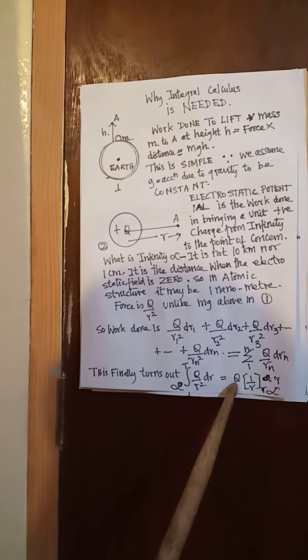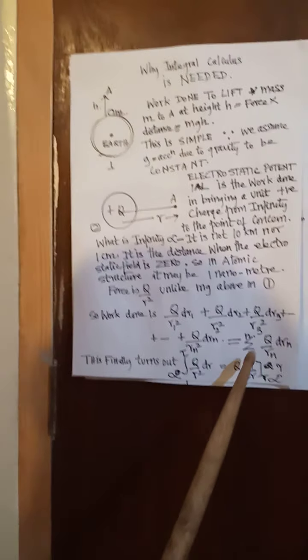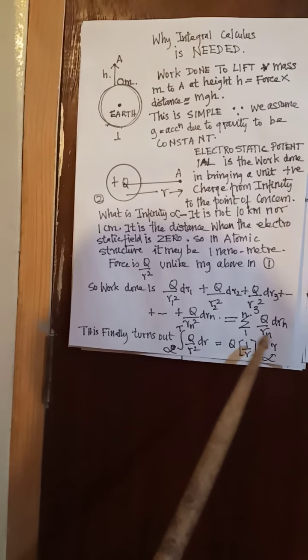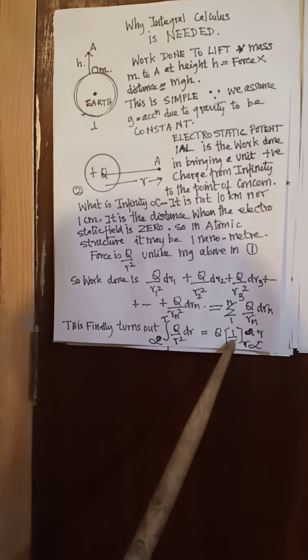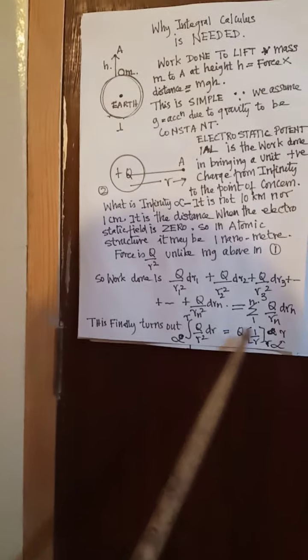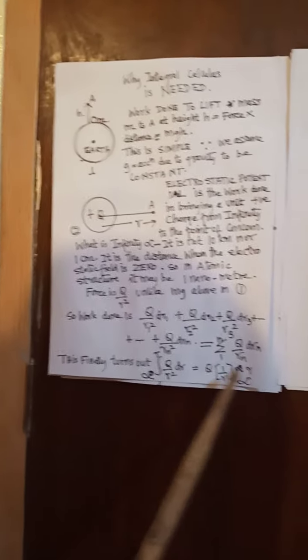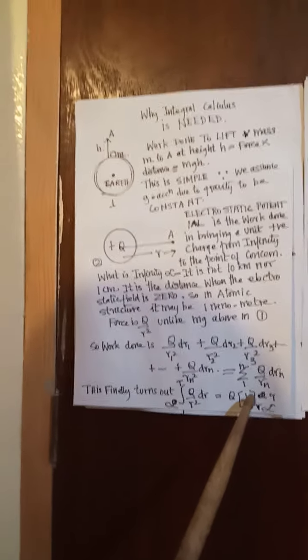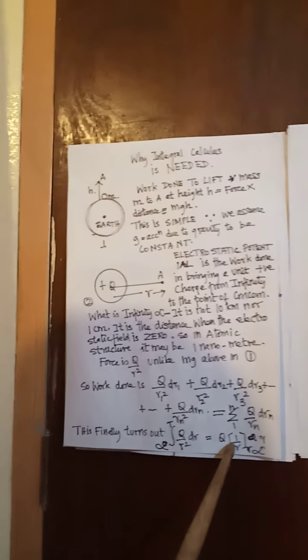So q is constant. The integration of 1 by r square is the same as 1 by x square dx. So the integral of 1 by r square dr is simply 1 by r. This one you will know later on. But remember, you can memorize this as a standard integral in physics. So this is how we got that the potential at A is q by r.